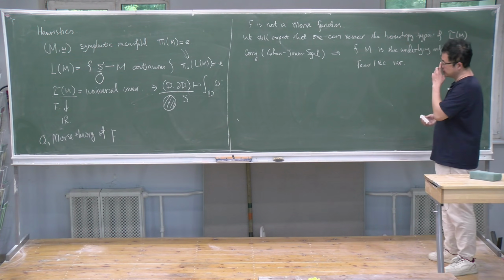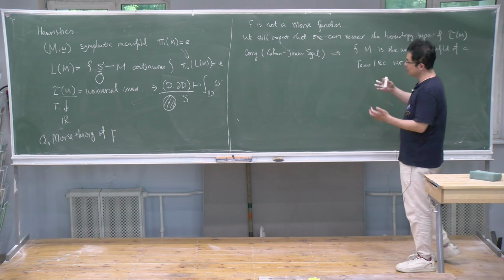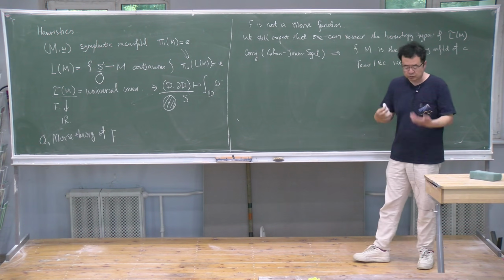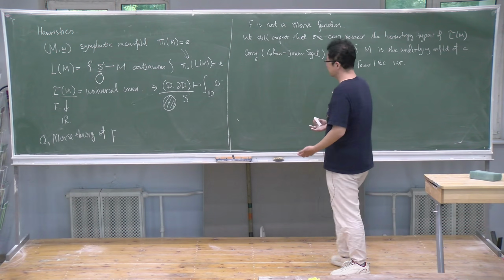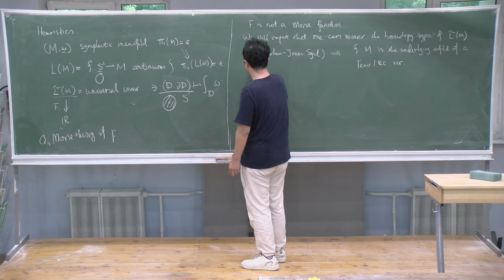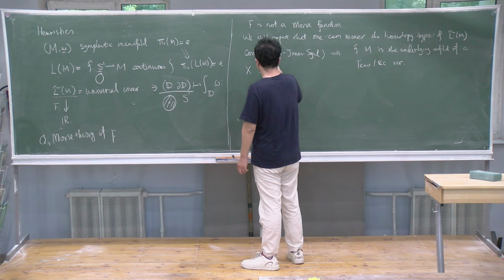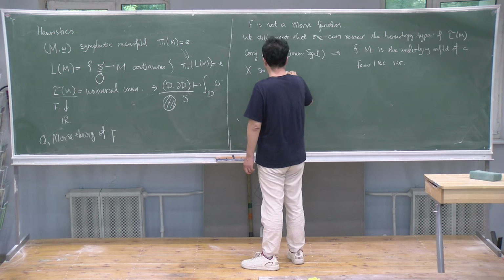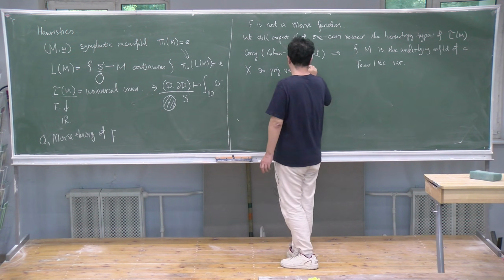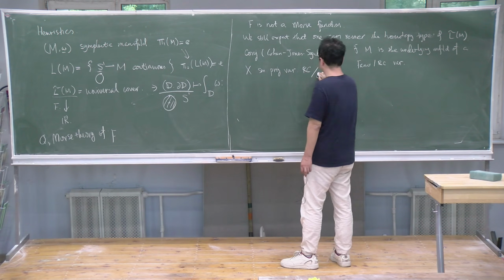But they also did some work so that you don't have to work with this infinite dimensional thing. You can just work with the projective variety. Let's say X is now a smooth projective variety, rationally connected over the complex numbers.